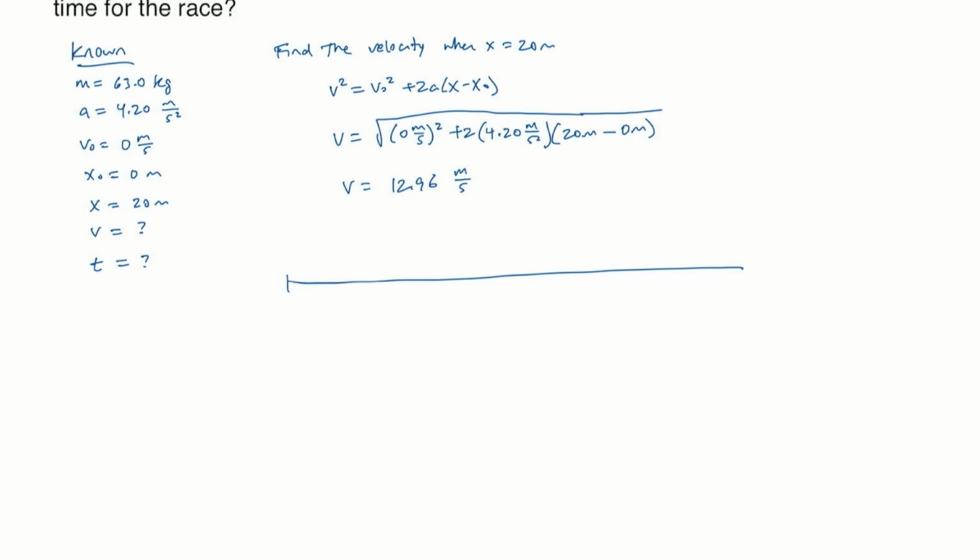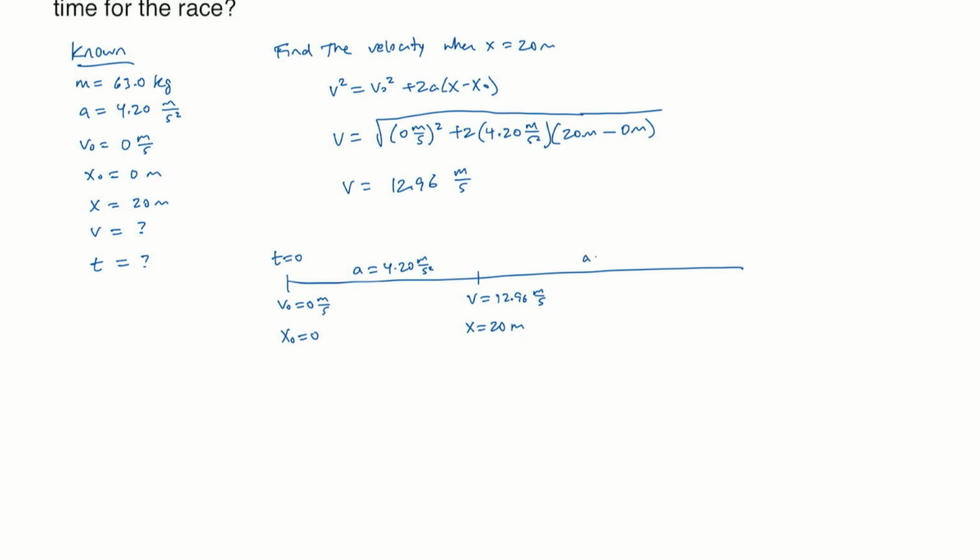On the timeline, here is when time is 0, so initial velocity is 0 and starting position is 0. Then he has an acceleration of 4.20 meters per second squared. We just found the velocity at the end of this period is 12.96 meters per second, and his position is 20 meters.